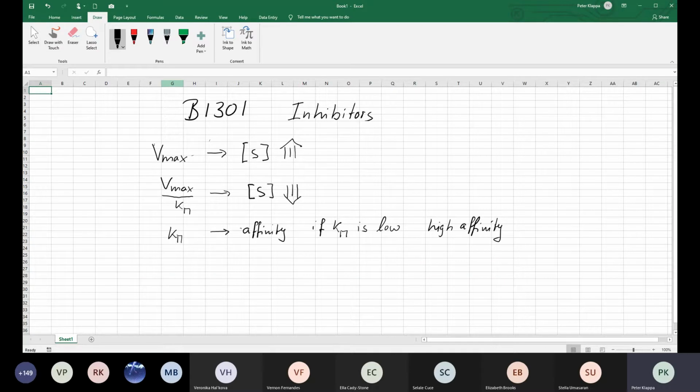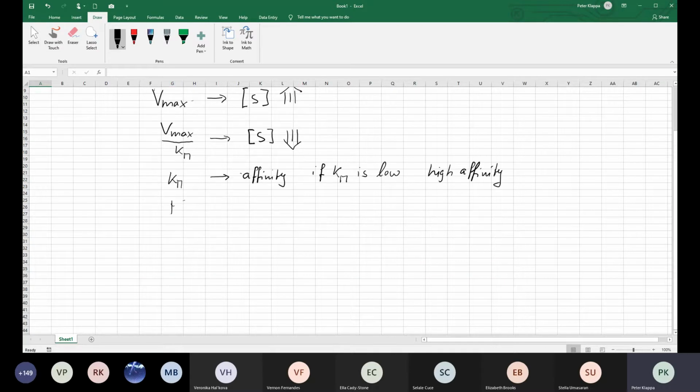We also did my favorite plot. We discussed that, where you plot V over S versus V, and we would get sort of a straight line. The gradient of this straight line gives us negative Km.